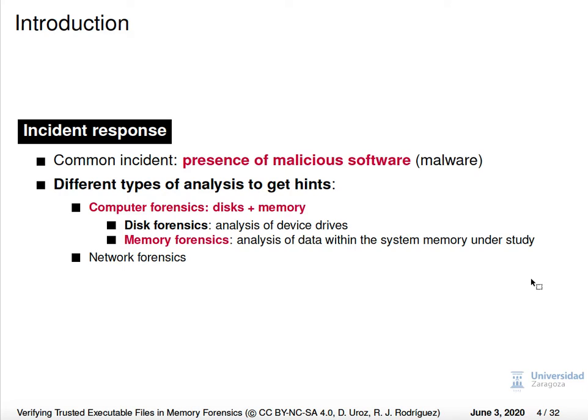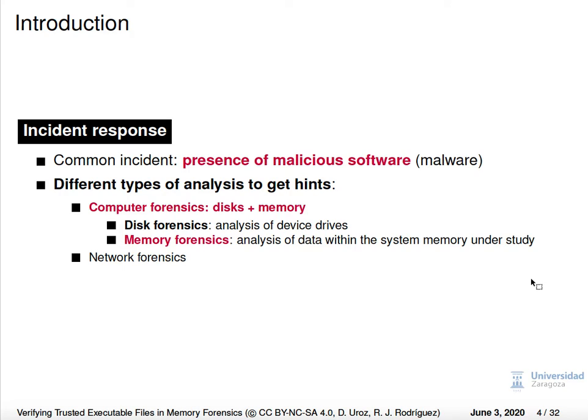So, I guess you already know that a common incident in the security of systems is the presence of malicious software, malware. As a way of making the security incident response process in the system, we have two different kinds of forensic analysis: computer forensics and network forensics.